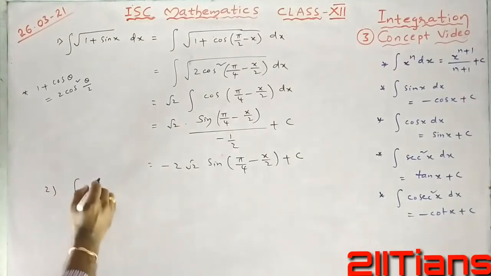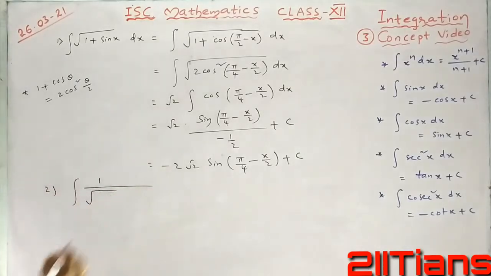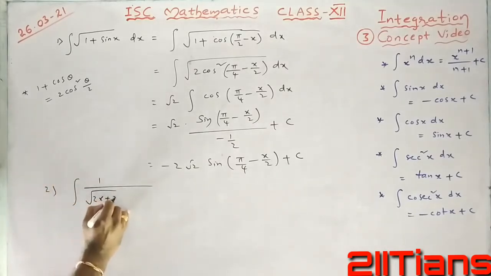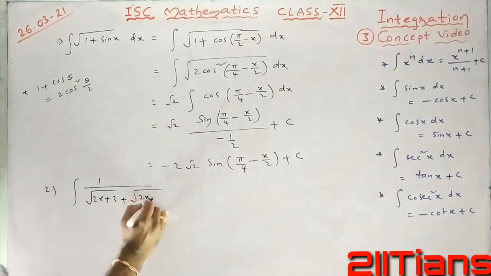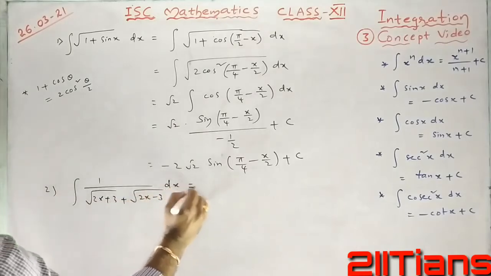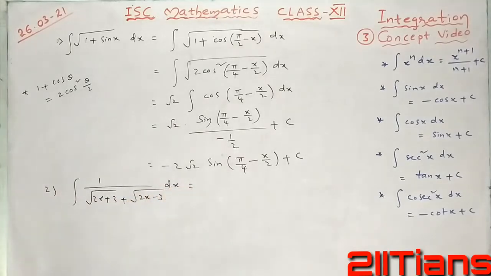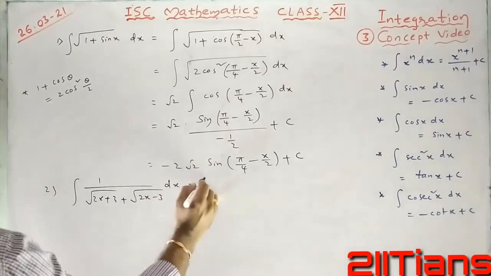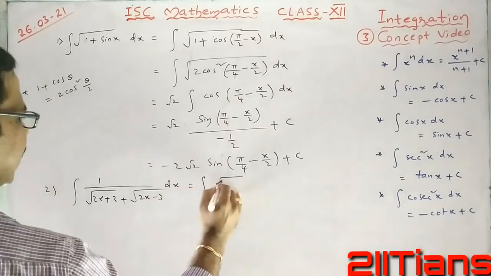Integral of 1 by square root of 2x plus 3 plus root of 2x minus 3 dx. Wherever we have square root functions, what will you do? Rationalization, we cannot do anything else.